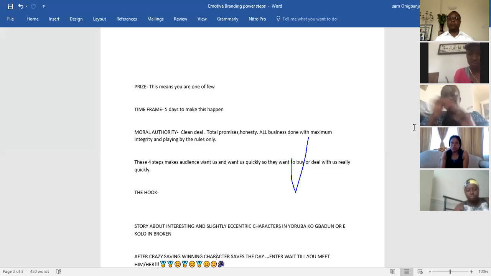Right? Now, the next step, which is really interesting, is the hook. Sorry, that's the 5th step. The hook. The hook is when you've spoken to people, you've shared your integrity, you've offered them the prize, you've given them a time frame, you've stamped your moral authority, then you go for the hook.